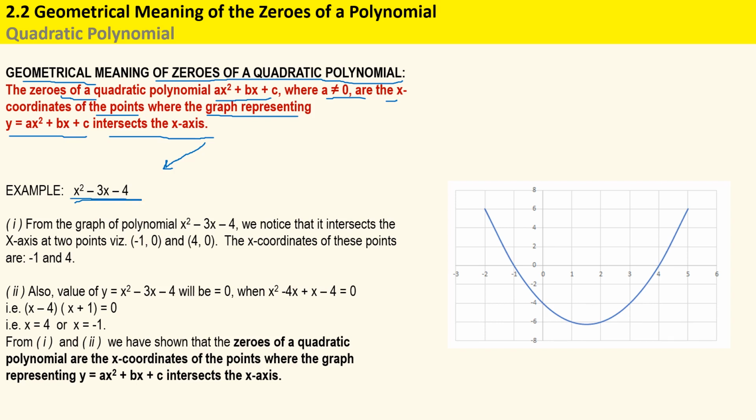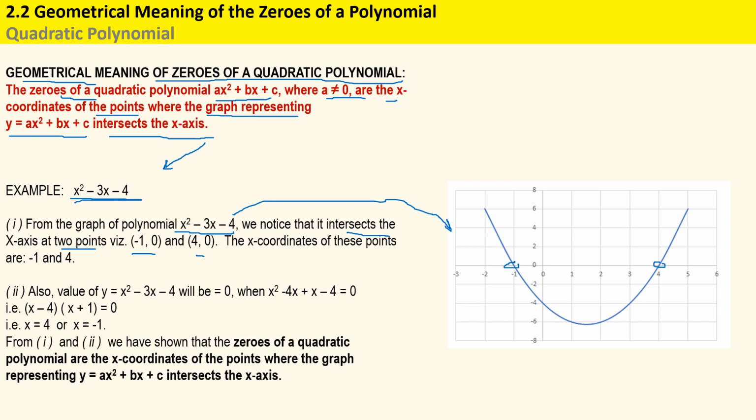And from the graph of this polynomial, x squared minus 3x minus 4, which is plotted here, we notice that this graph intersects the x-axis at 2 points, which are minus 1, 0, and 4, 0. So these points are here, which is minus 1, 0, and this one is 4, 0.